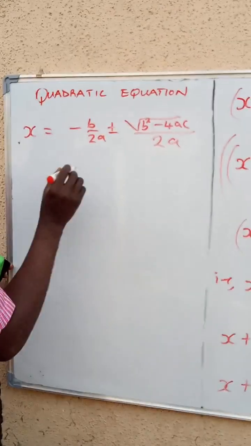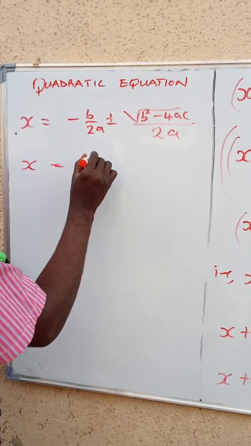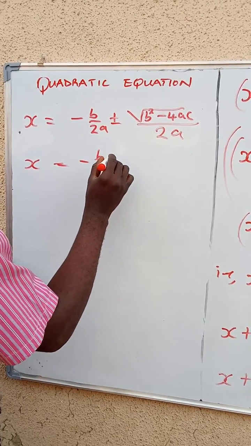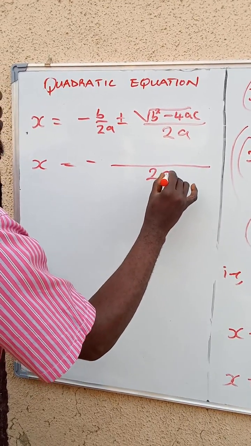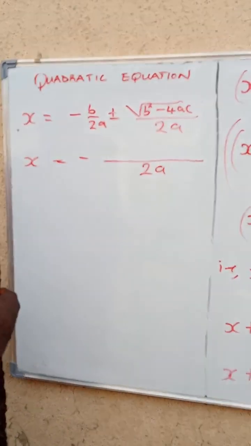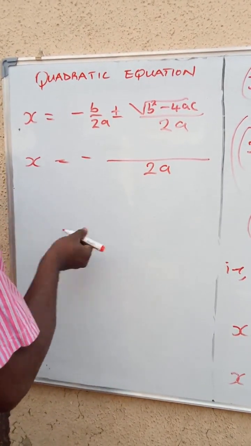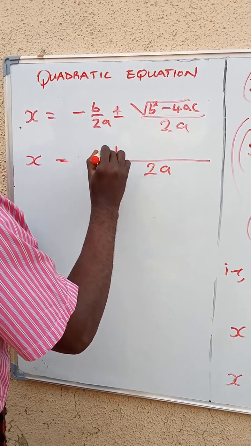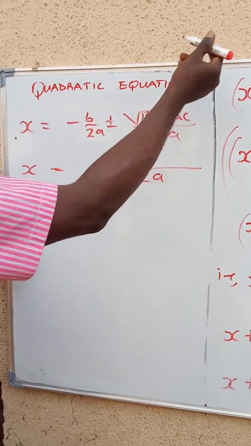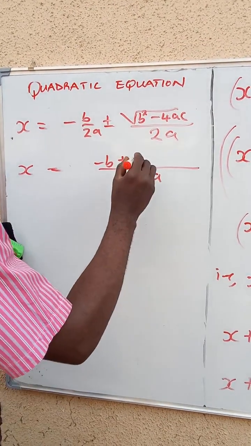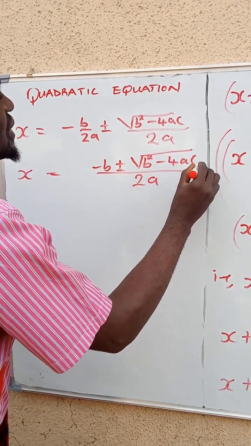So this is the same thing as what? I'll take the LCM here. x is equal to minus b plus or minus the root. Let me not do it straight so that you can know. The LCM of 2a and 2a is 2a. So 2a divided by 2a is 1, and 1 times minus b is minus b. Plus or minus, 2a divided by 2a is 1, and 1 times root of b squared minus 4ac is root of b squared minus 4ac.